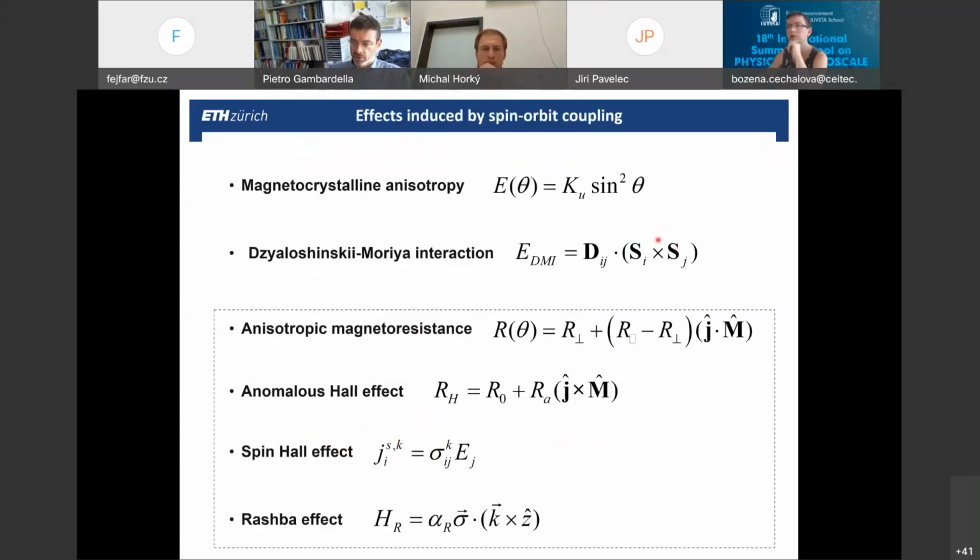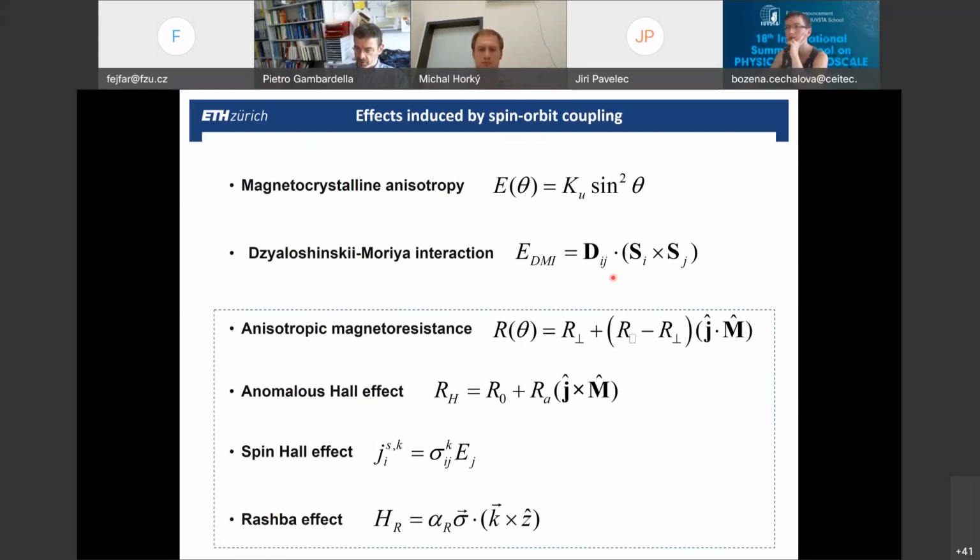For example, it determines the magnetocrystalline anisotropy. It determines the Dzyaloshinskii-Moriya interaction, which is a non-collinear magnetic interaction that is important in both bulk systems, in particular bulk antiferromagnets, as well as interfacial systems, including ferromagnetic interfaces.